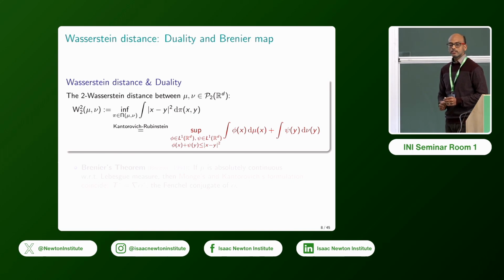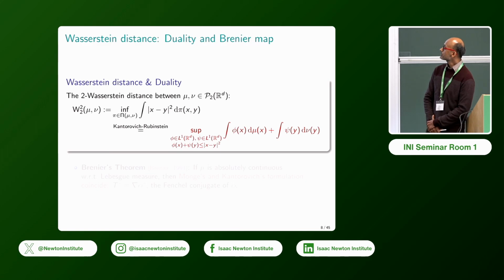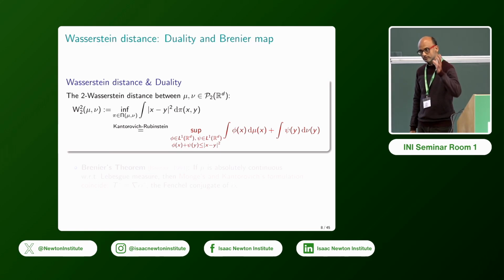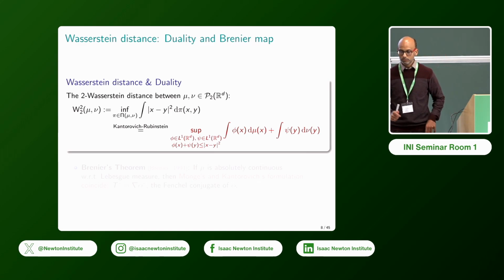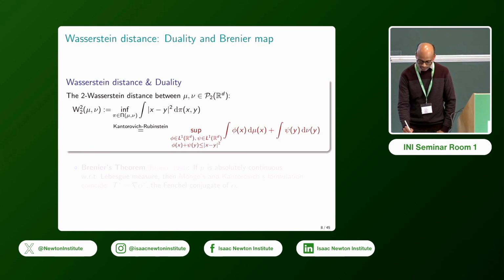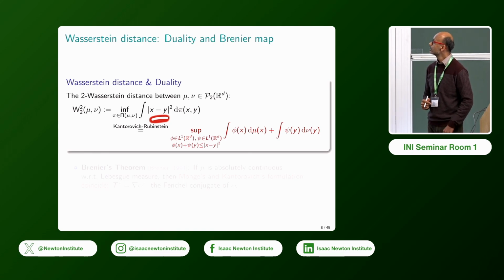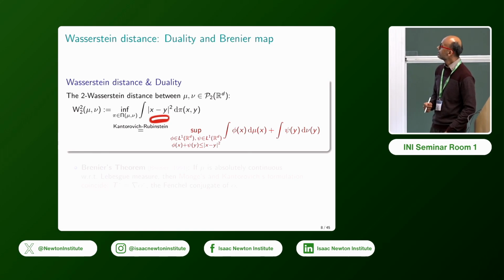And then one of the key things that allows us to understand the structure of the Wasserstein distance is the duality, right? And the duality will play a key role for the rest of the talk once we move on to Gromov-Wasserstein. So in this case, I'm considering the cost function to be the L2 distance between the points x and y.